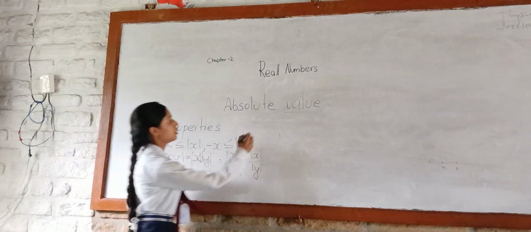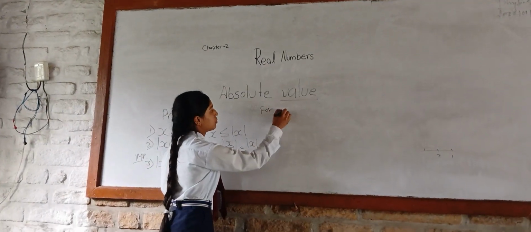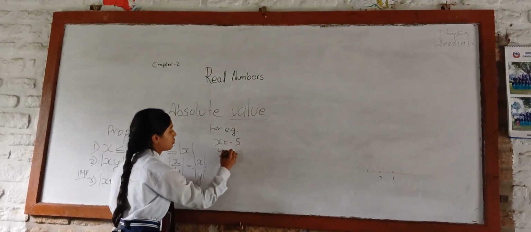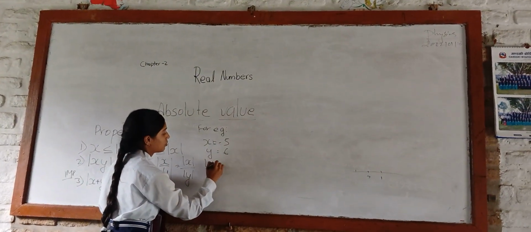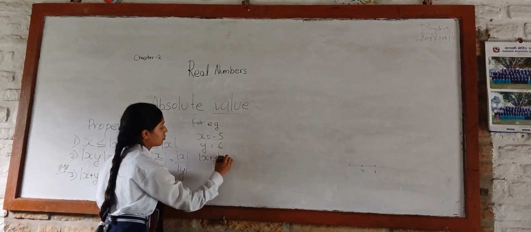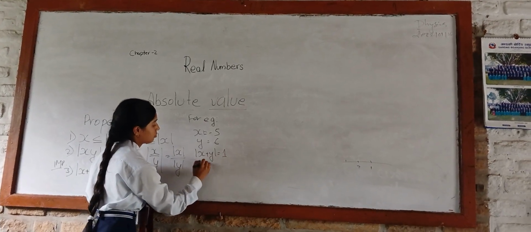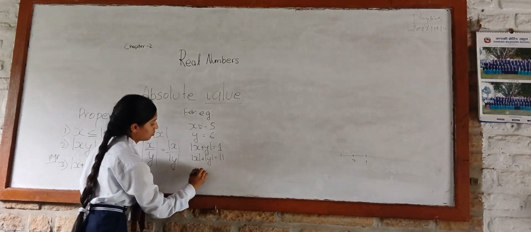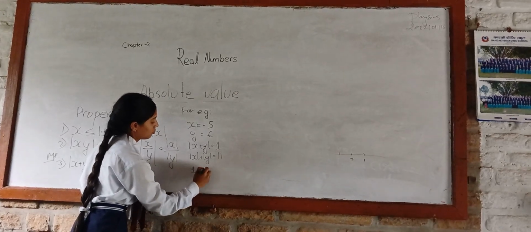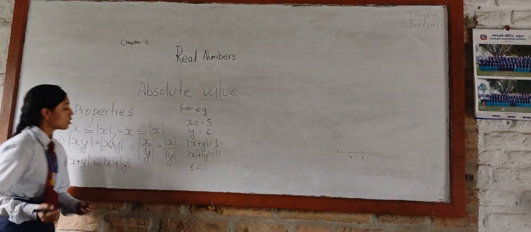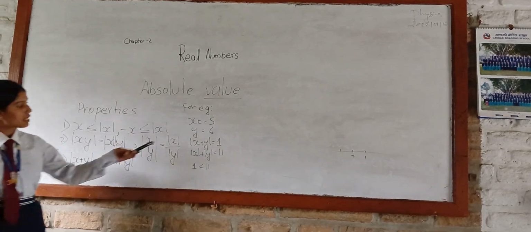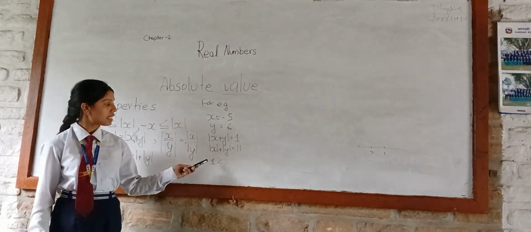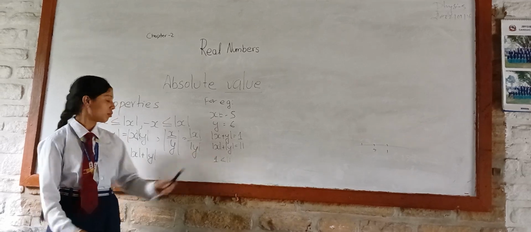For example, so from the example also we can see that the absolute value of the sum of two numbers is less than the sum of the two absolute values.